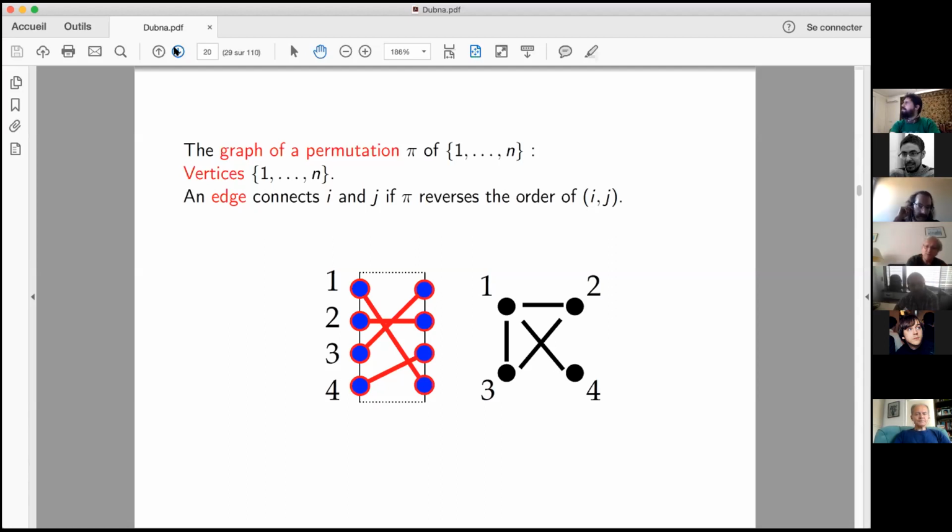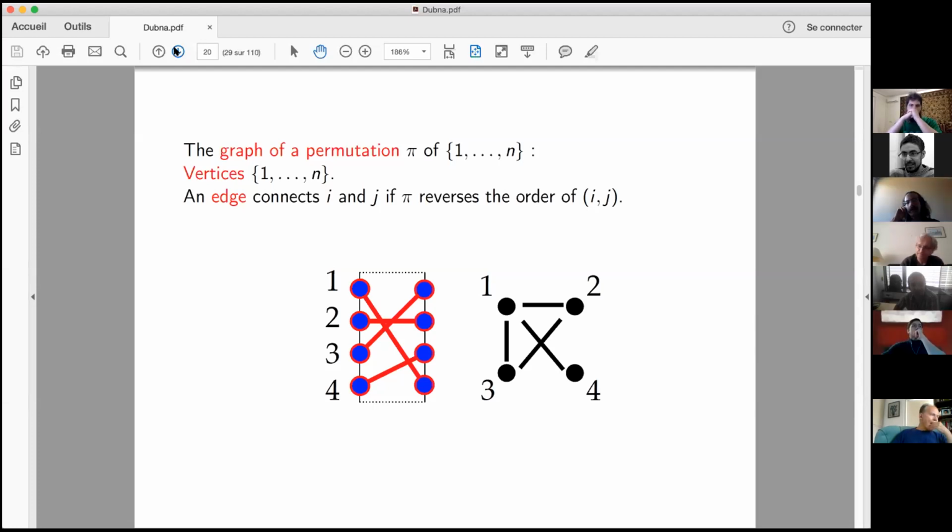So every permutation gives a graph, and you have to be careful: many graphs do not come from a permutation, and moreover, two different permutations might have the same associated graph. So the connection between permutations and graphs is far from being one-to-one. It's not injective, it's not onto.